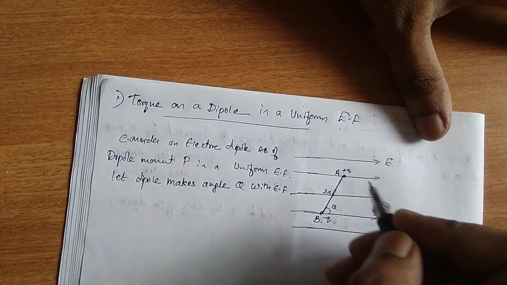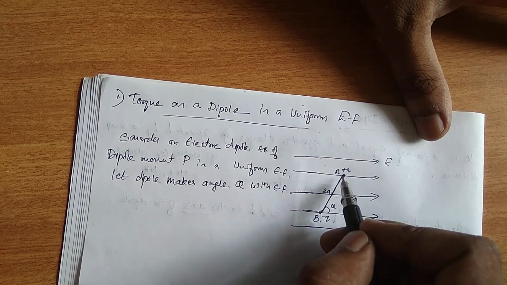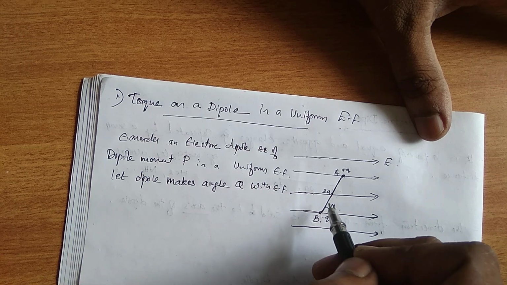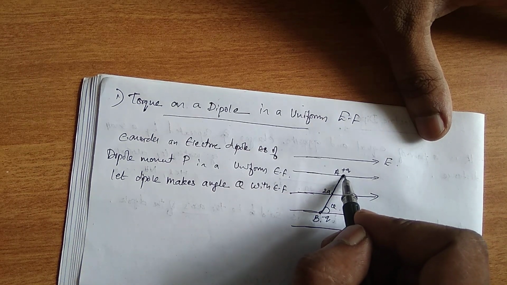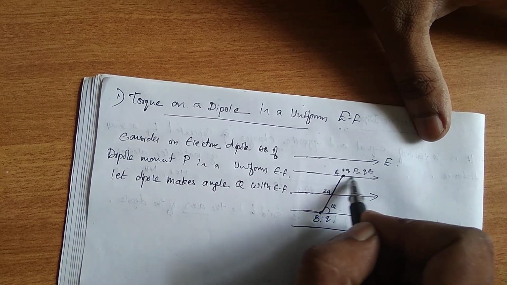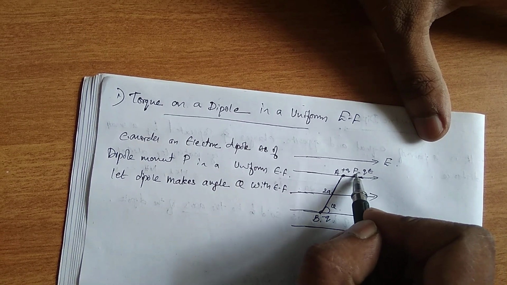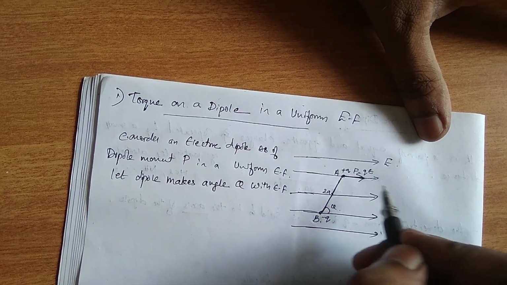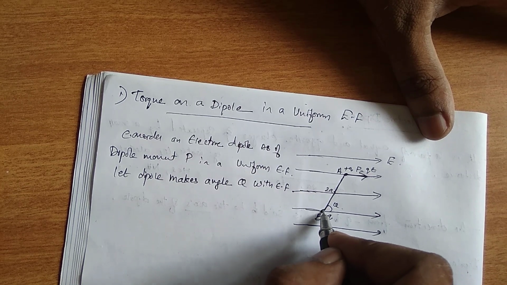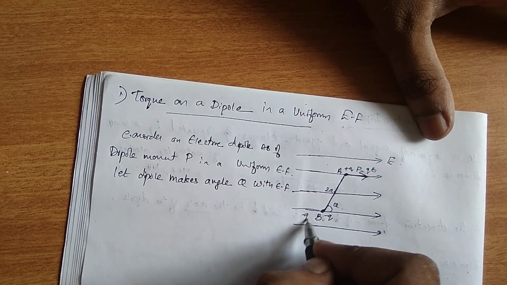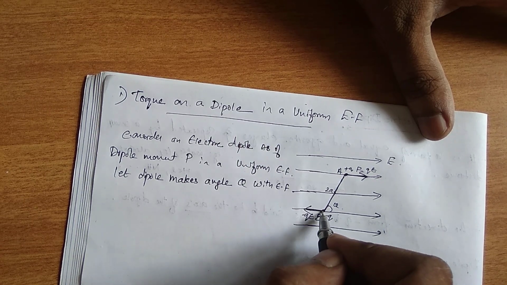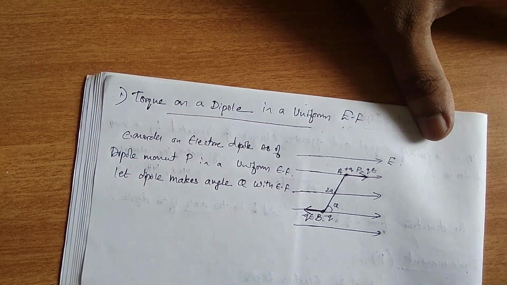Then consider the force on charge plus q and minus q. The force on plus q is F equal to qE, along the electric field direction. Also, the force on charge minus q is minus qE, opposite to the electric field. So the force is in this direction.